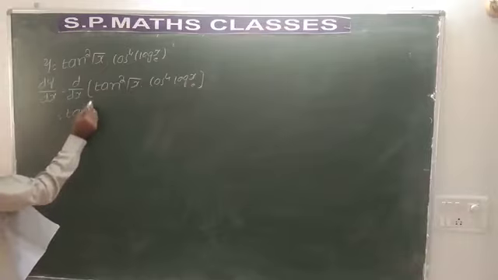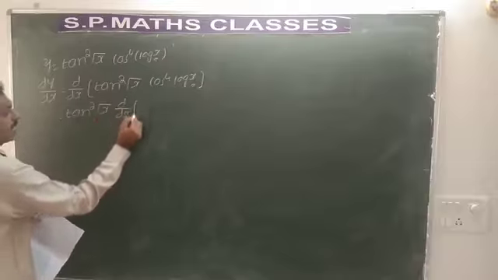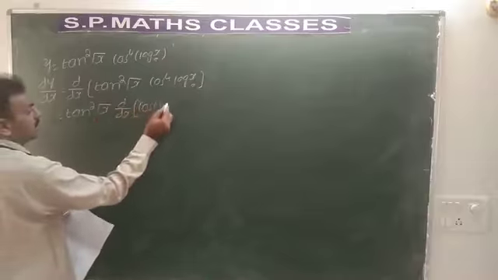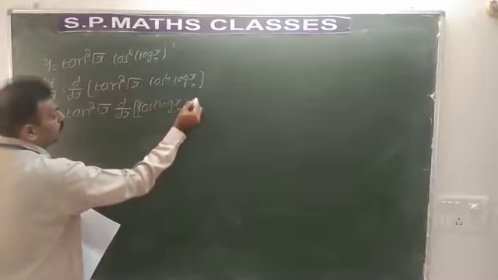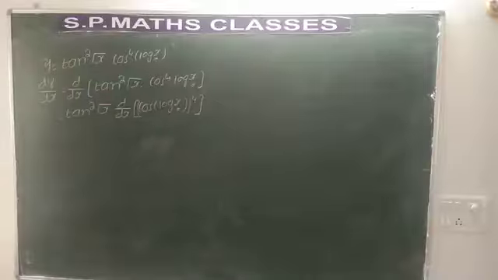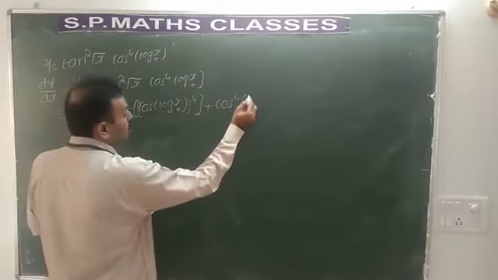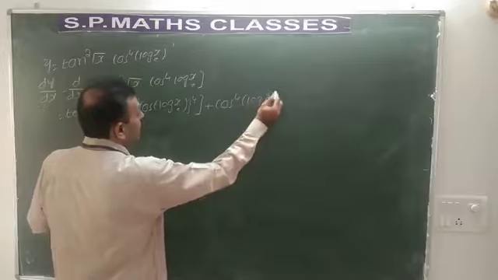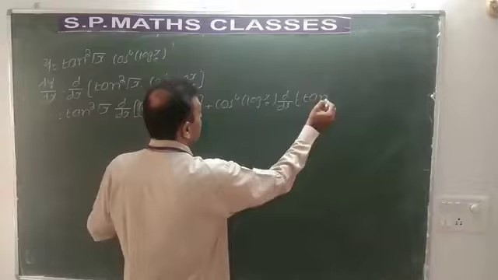I write first function, derivative of the second. What is the second function derivative? Cos of log x to base e whole power 4. Hope you have understood this. Cos power 4 log x is written as cos of log x power 4. The second function, cos power 4 log x to base e into derivative of tan squared root x.